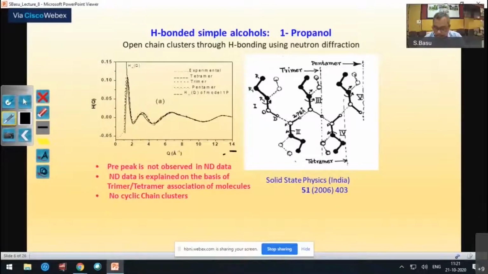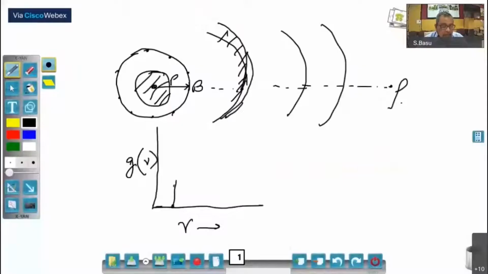As I was mentioning, in case of liquids and amorphous systems, we don't have long range order, but the G of R shows a hard sphere core where you don't have any pair correlation, then it rises. There is a first sharp peak which gives the short range order.